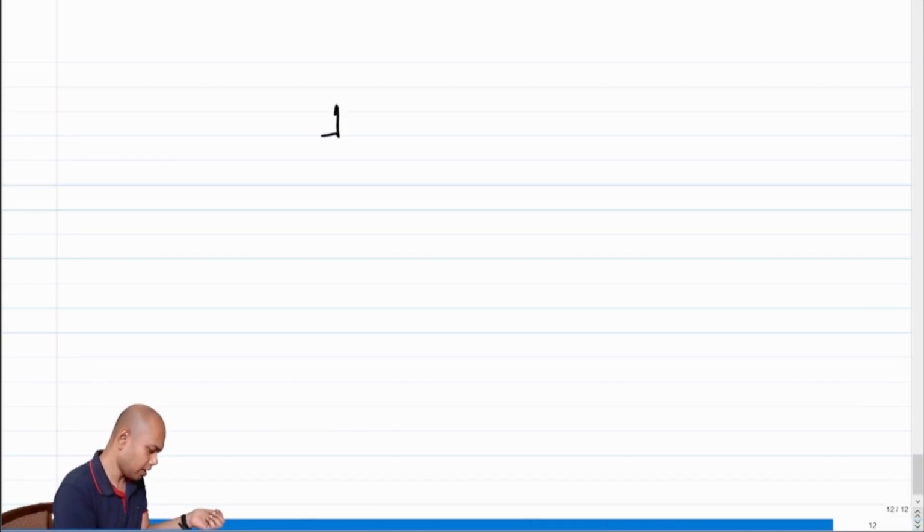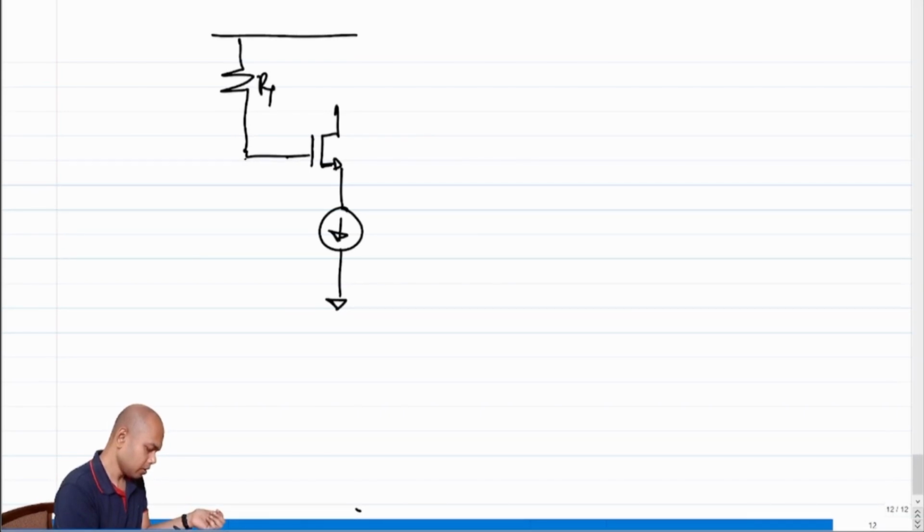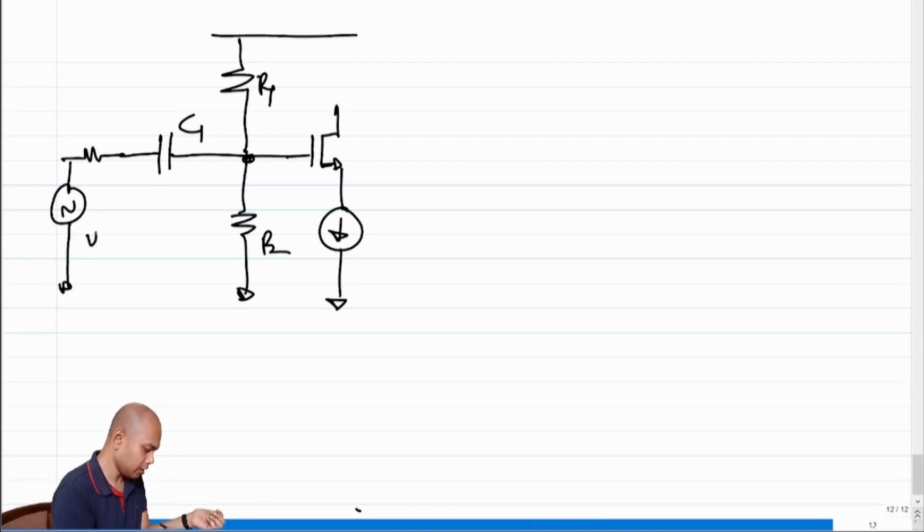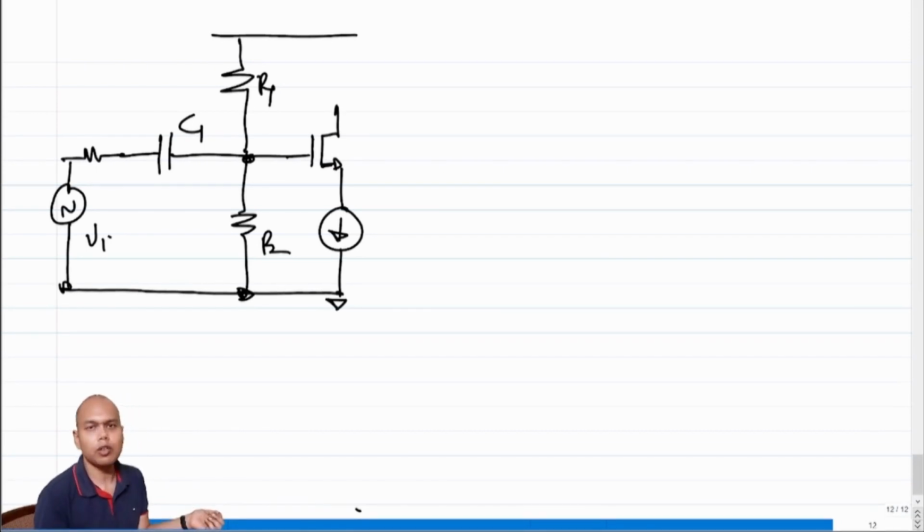So I had this MOSFET, current source, input side biased with R1, R2, the input fed through AC coupled capacitor C1, right? Since we don't require RD anymore, I can simply connect the drain to VDD.